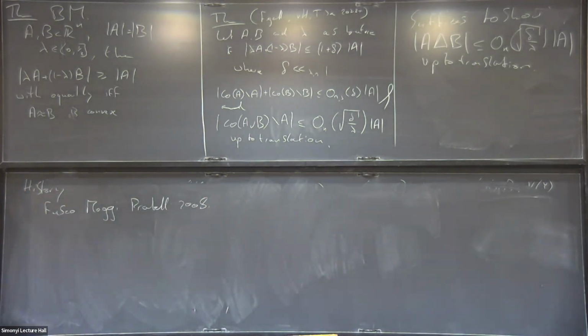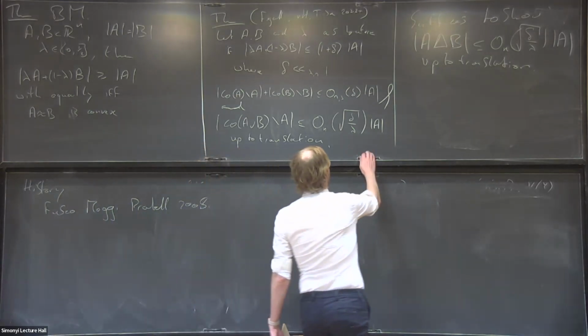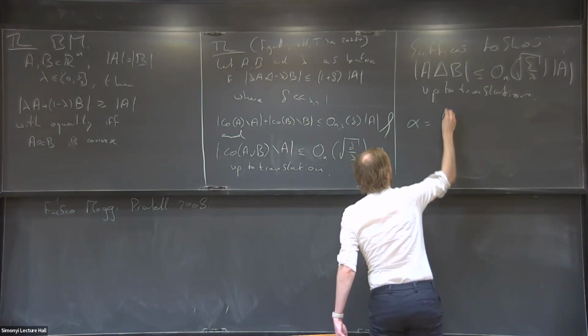So they focused on the case that our A was a ball, and they were really focused on the limit as lambda goes to 0. And they showed that in that limit, if you say, let's write alpha for this thing.